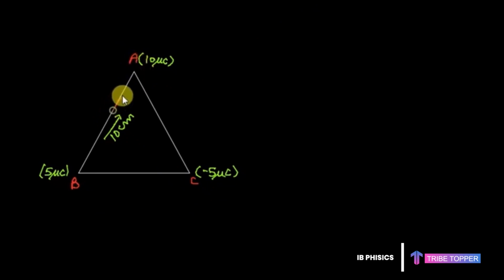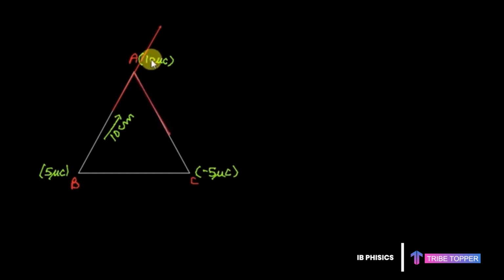So let's say that the force exerted is along BA because it's going to be repulsive, and the force exerted by C on A is going to be attractive because the charge at C is negative. So that force is going to be along this direction.